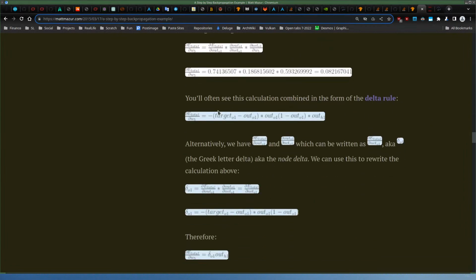Same thing. They put a minus here in front of it, but okay, we do out minus target. So we have the difference, out minus target, and then we repeat the out to get the derivative of the activation function, which is out times 1 minus out. And then that multiplied by one of the inputs. And the input, of course, that belongs to the current weight that you are taking the partial derivative of, which for W5 is H1.